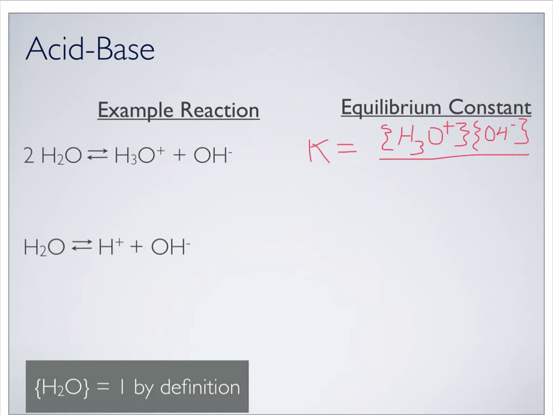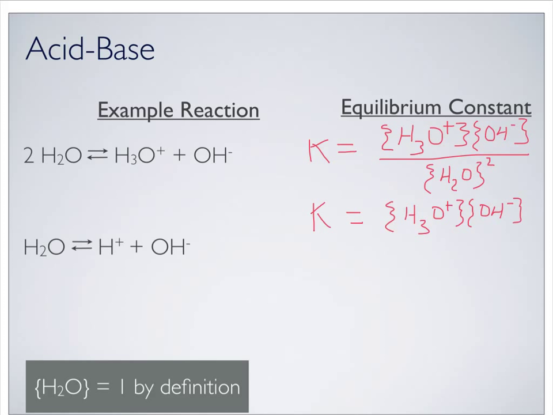And then that's going to be divided by the activity of water squared, since that's our stoichiometric coefficient. But if we recall, we said that the activity of water is going to be 1 by definition. So this ends up being simplified to H3O plus times OH minus is equal to K.